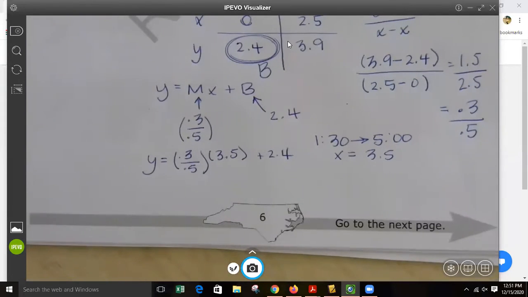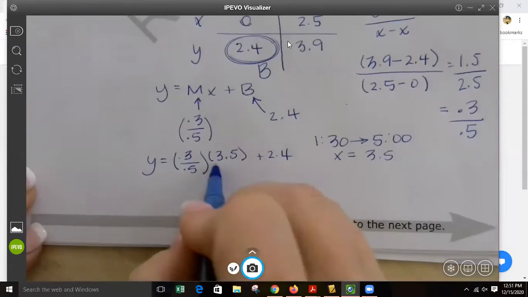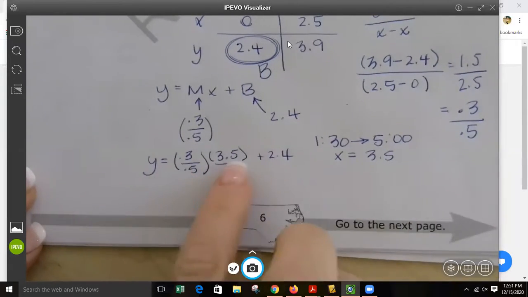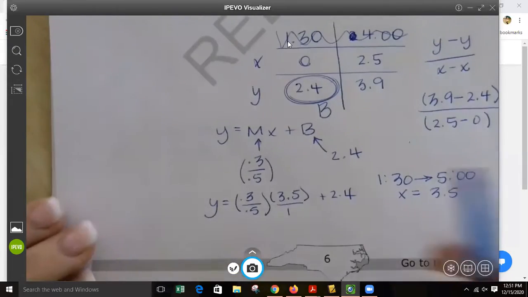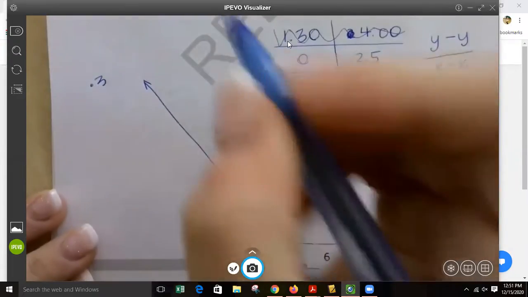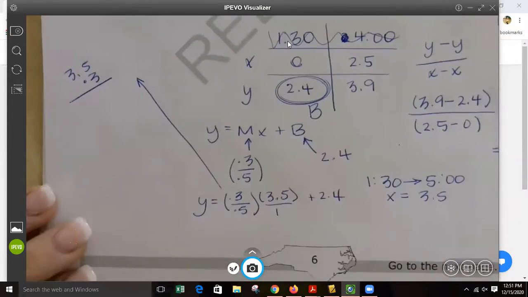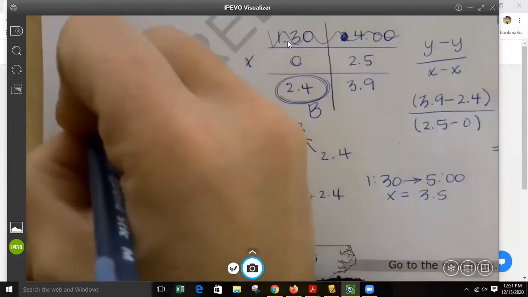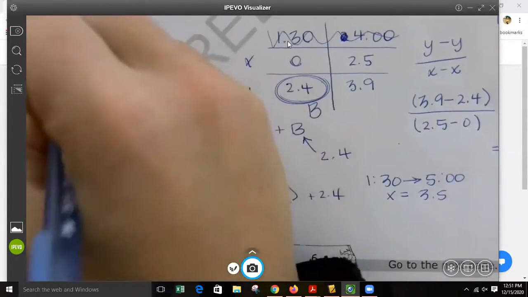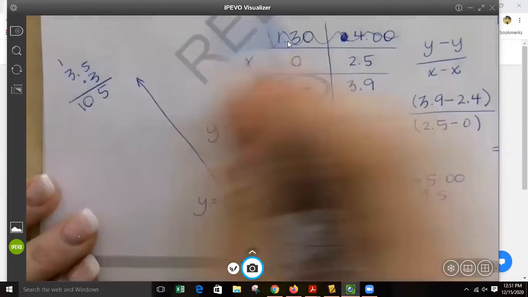All right, you ready? Here's how you put this together. You're going to multiply. When you multiply fractions, you just multiply straight across. So we're going to do 0.3 times 3.5, and I'm going to do this over here. 0.3 times 3.5. You do regular multiplication. 3 times 5 is 15. Carry your 1. 3 times 3 is 9, and you have a 1, so 10.